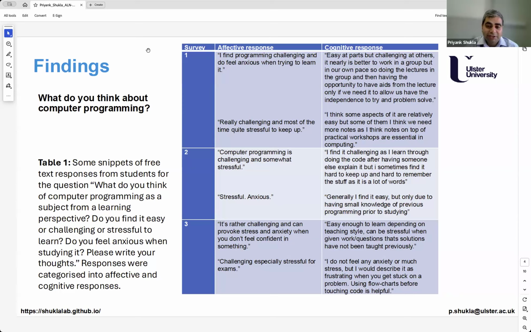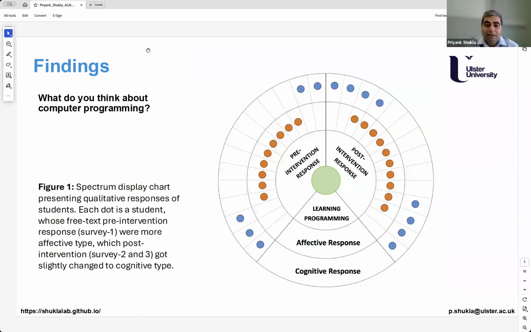And here what you see is just a few snippets, but in this spectrum display chart, we are presenting all the responses after categorizing them and figuring out which student is giving an affective and which one is giving a cognitive response. We divided them in this chart. And as you can see, each dot here is a student.